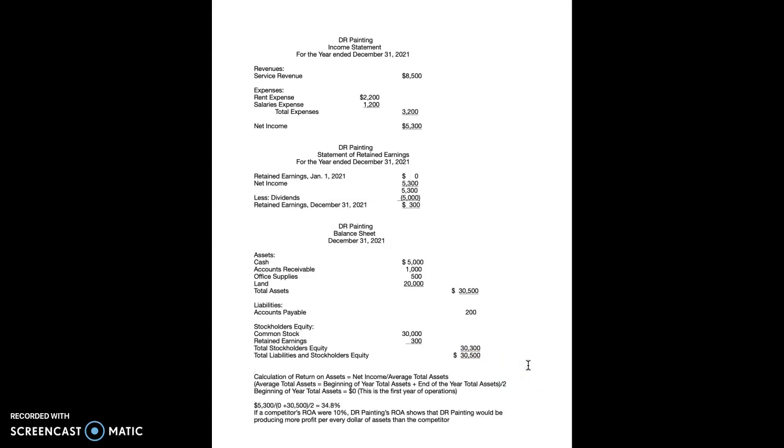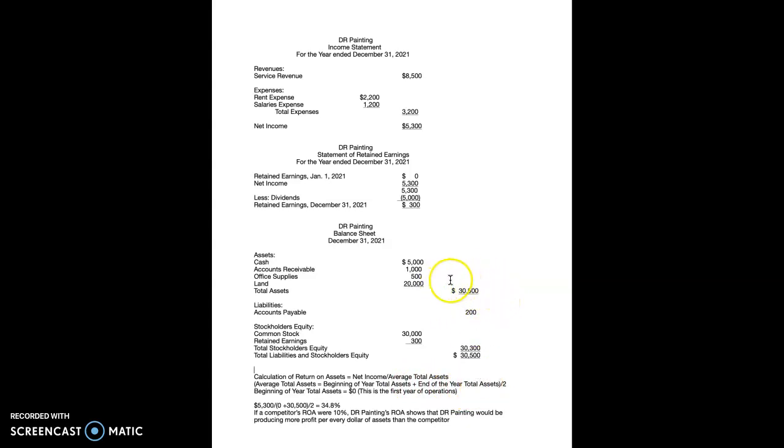Now, I asked you to calculate the return on assets using the financial statements and also the beginning balance of total assets that I gave to you in the problem. So you know that the calculation of return on assets is net income divided by average total assets, and average total assets equals the beginning of the year total assets, which we can't see from these financial statements, plus the end of the year total assets, which we can see from this financial statement.